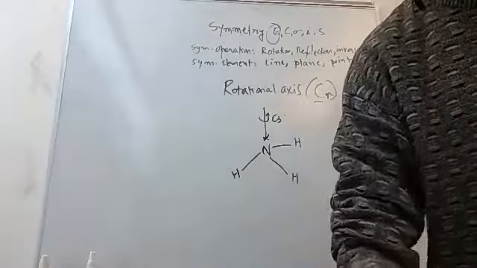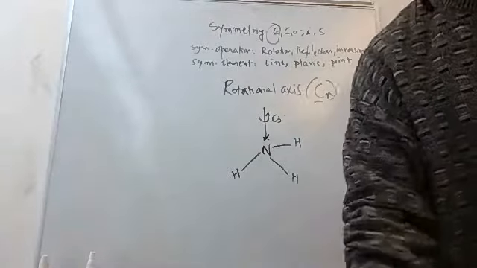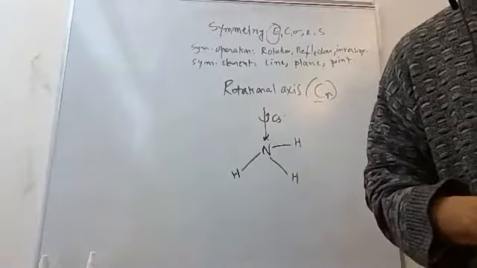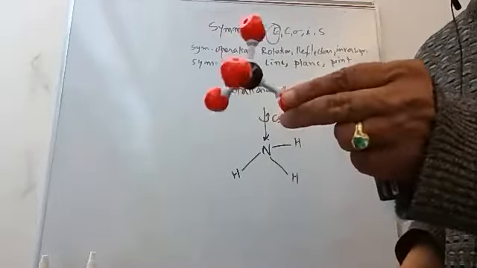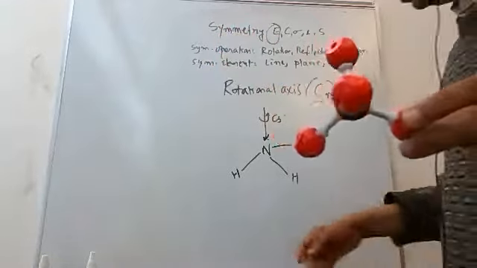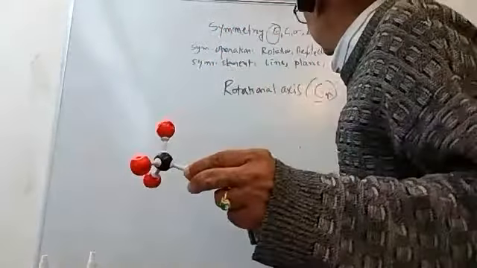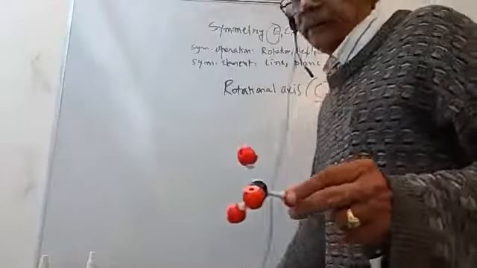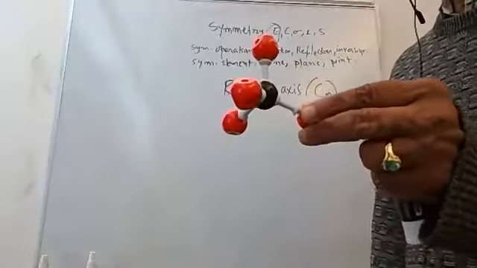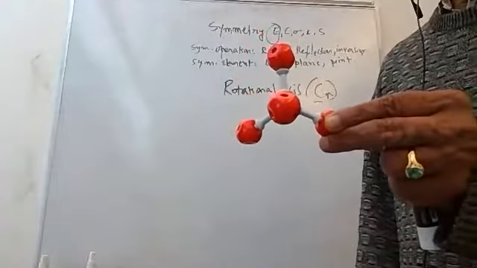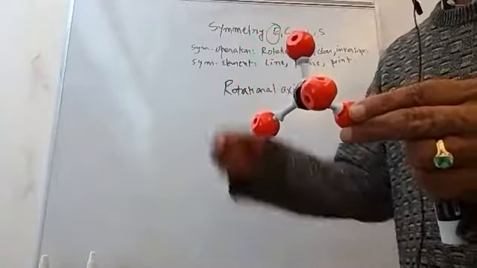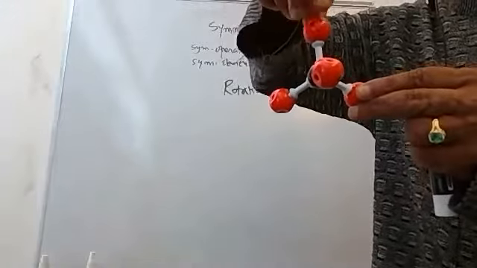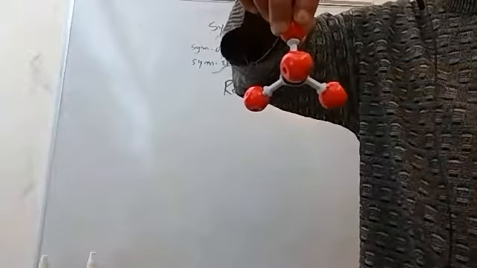Does it make sense, folks? Suppose I have methane, CH4. What rotational axis of symmetry does it have? Again, it's like ammonia, except that I have a stem on top of it.